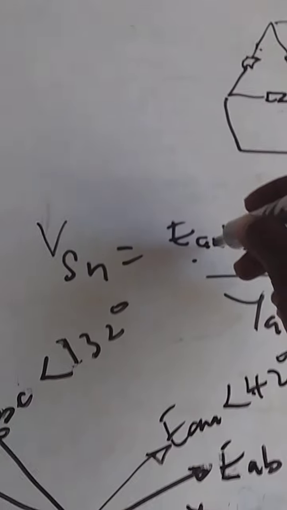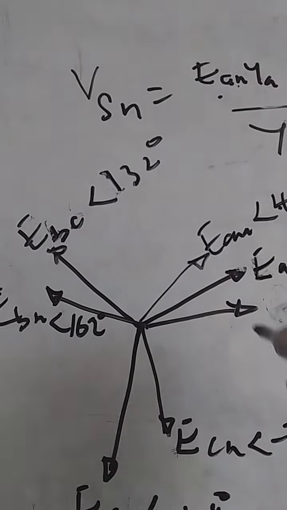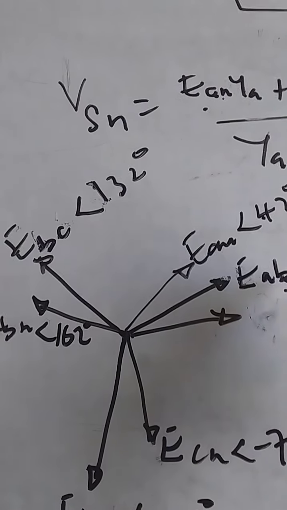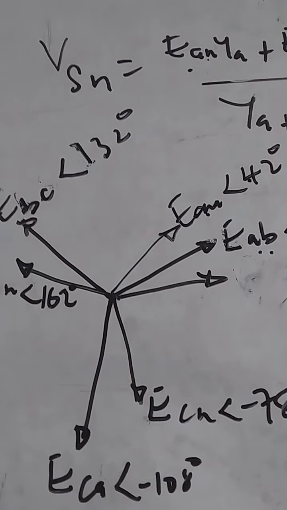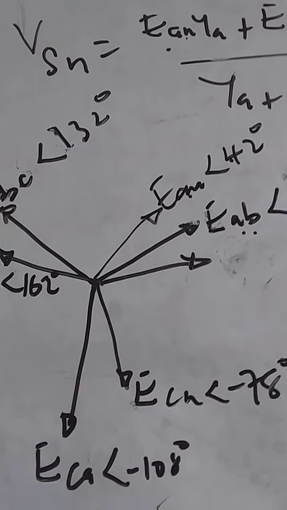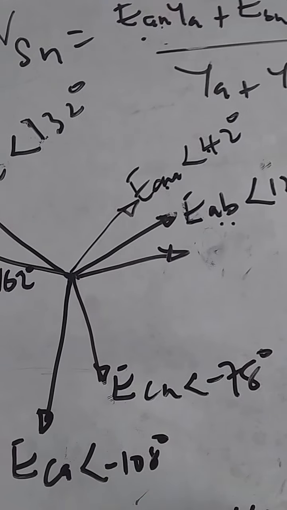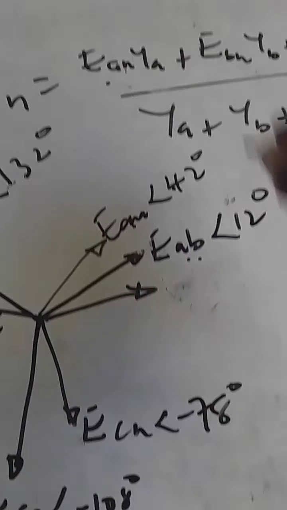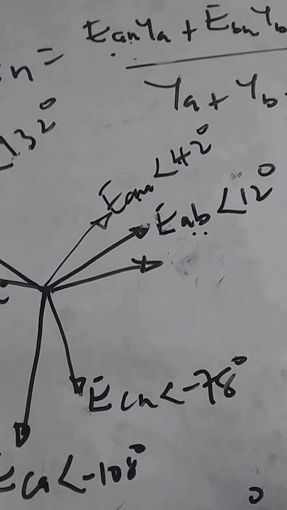In the meantime, you need EAN. If EAB is 380, then to convert it to the phase, it will be divided by root 3. So it will be 380 divided by root 3 at angle 42 degrees, plus EBN also 380 divided by root 3 at angle 162 degrees.